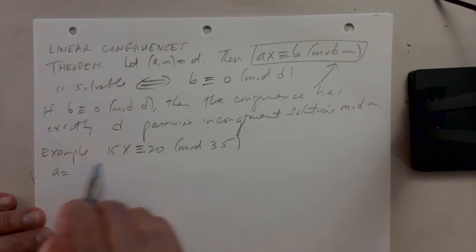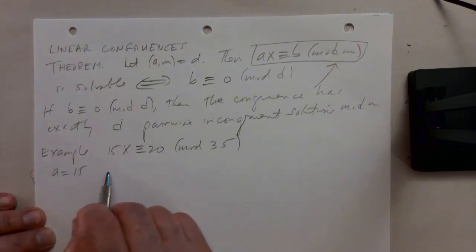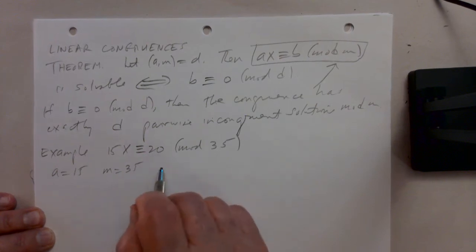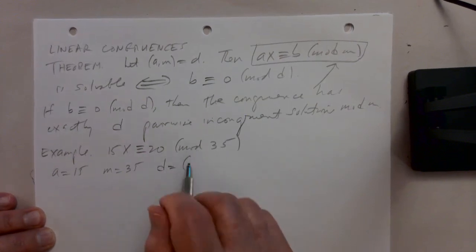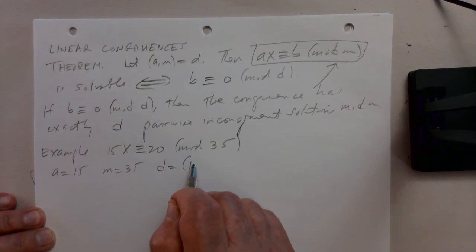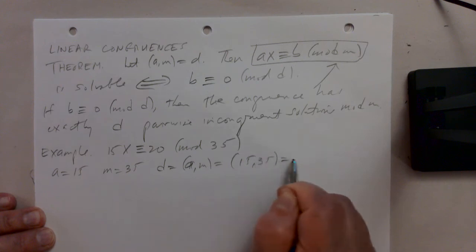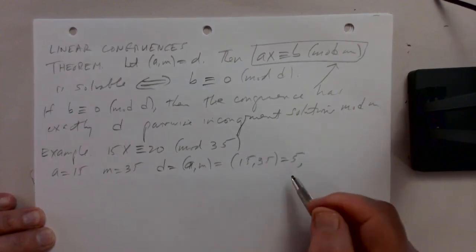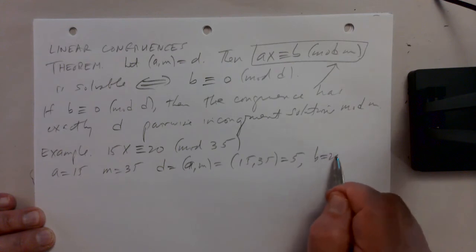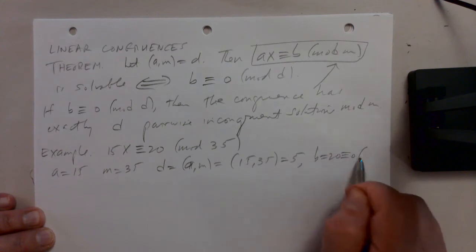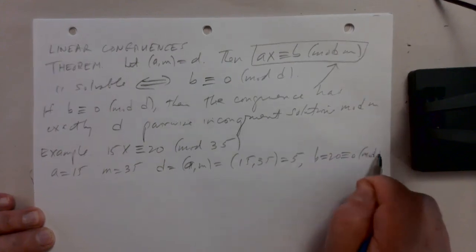So A is equal to 15. M, the modulus, is 35. D is the greatest common divisor of A and M, which is the greatest common divisor of 15 and 35, which is 5. And B, which is 20, is divisible by 5, is congruent to 0 mod 5.